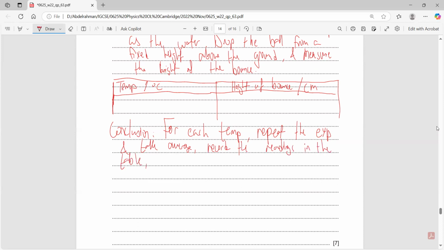Compare the results by plotting a graph of the temperature versus the height of the bounce. Okay.